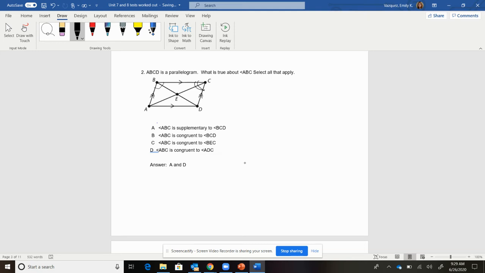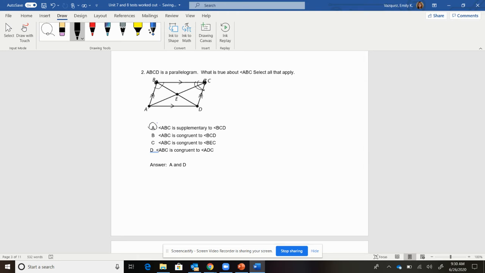And the property says that consecutive angles of a parallelogram add up to equal 180 degrees. Consecutive angles is one right after the other. So I'm here at angle B, and directly next angle could be C. Same thing with A and B. Those two are next to each other. They're also supplementary. So A is correct.